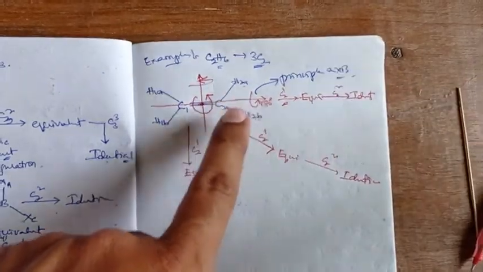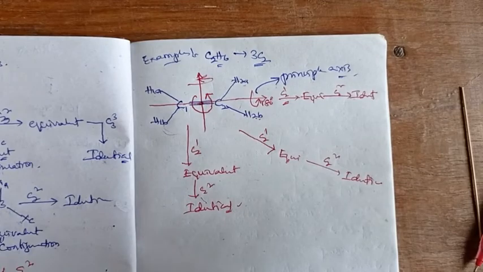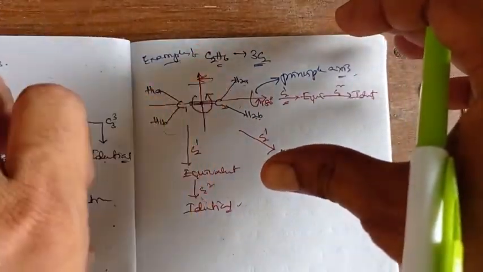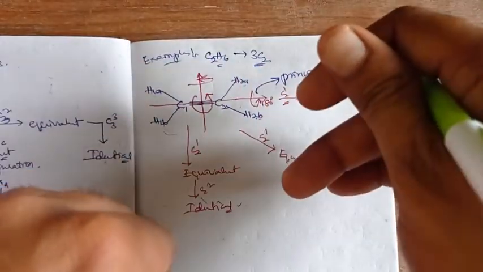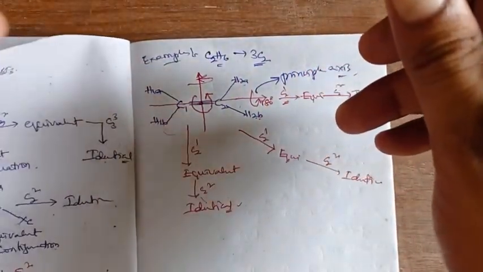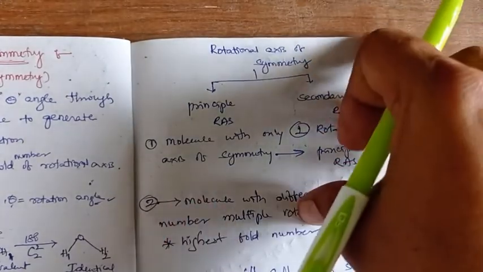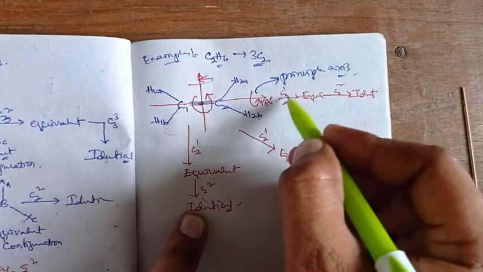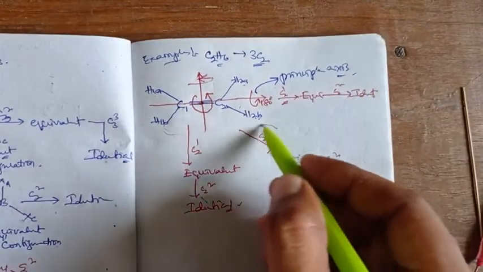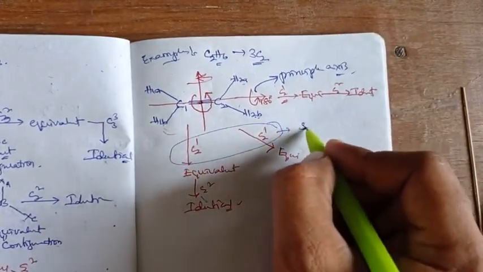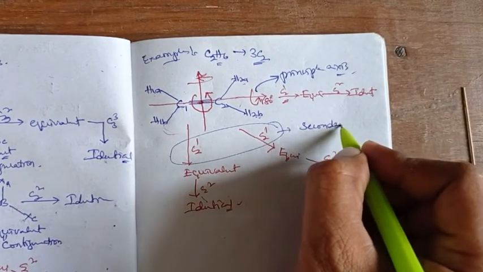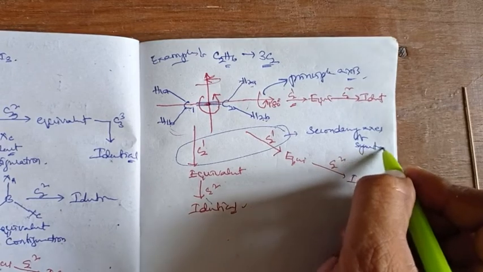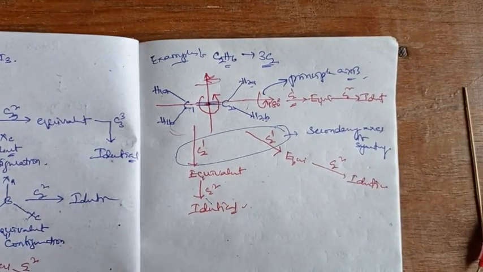The rotational axis is also called the proper axis of symmetry, and it has a principal axis of symmetry and secondary axes of symmetry. This particular axis is called the principal axis of symmetry, and the other two are called secondary axes of symmetry.